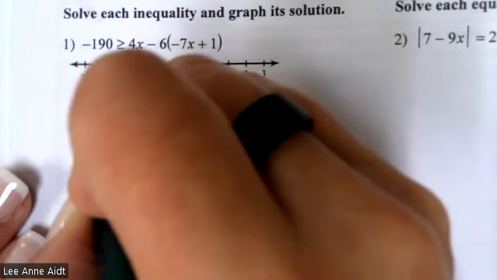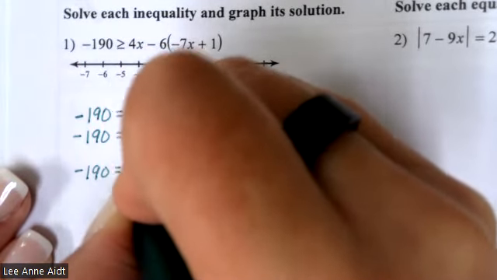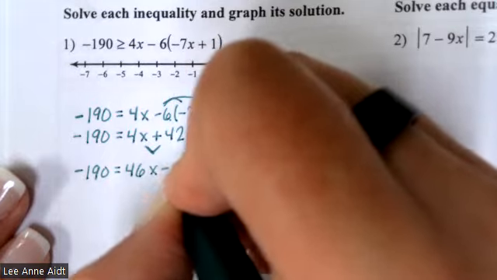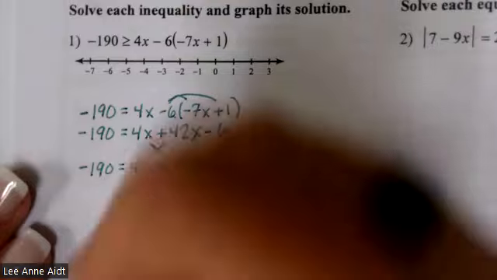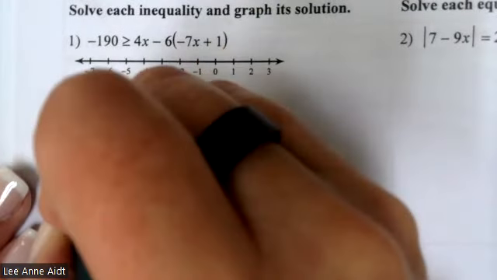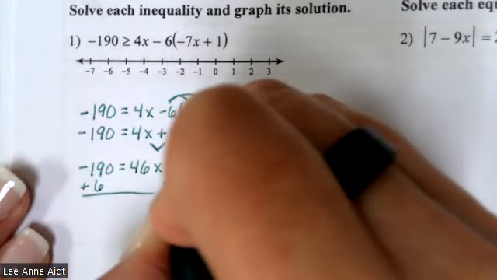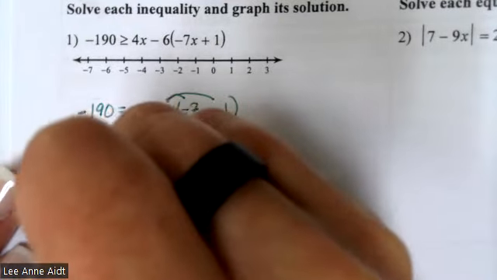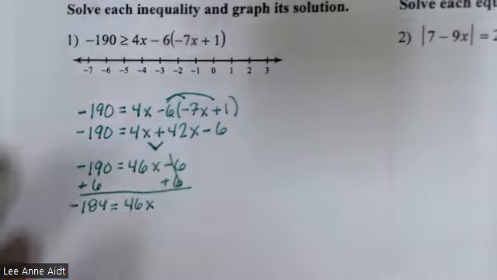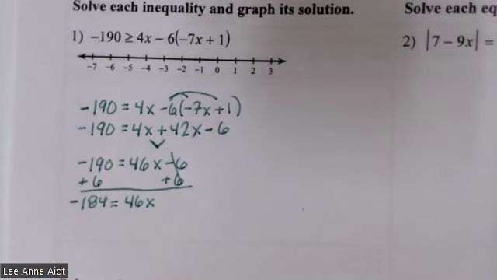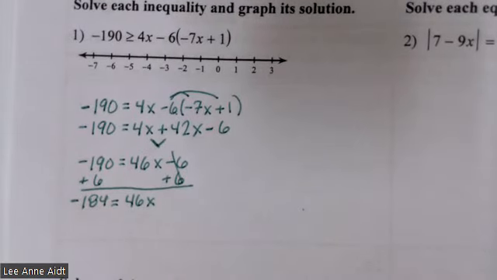So negative 190 equals 46x minus 6. Add 6. Negative 184 equals 46x. I feel like it's 4.